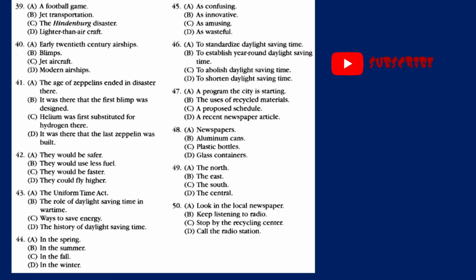Number 45. According to the speaker, how would most people probably have characterized Benjamin Franklin's plan for daylight saving time when it was first proposed? Number 46. According to the speaker, what was the effect of the Uniform Time Act of 1966?